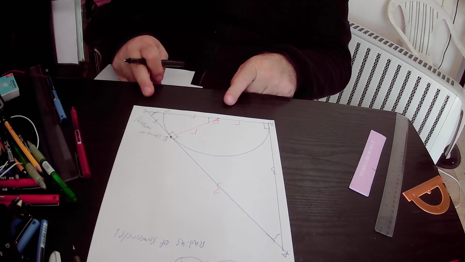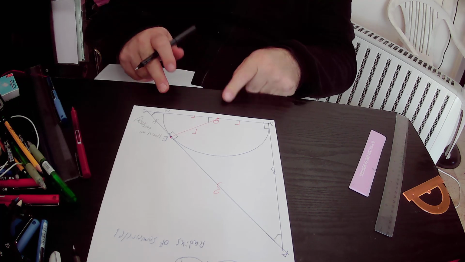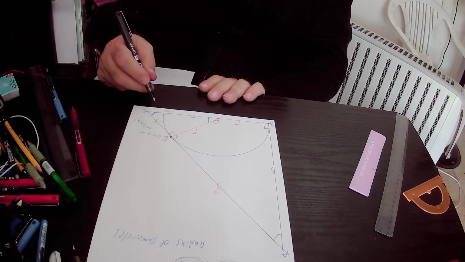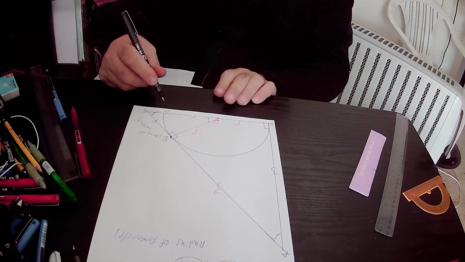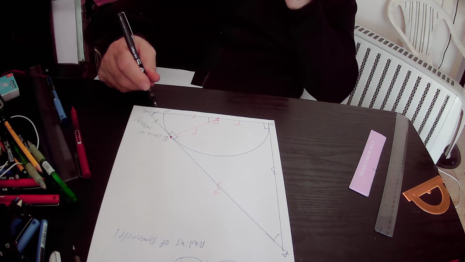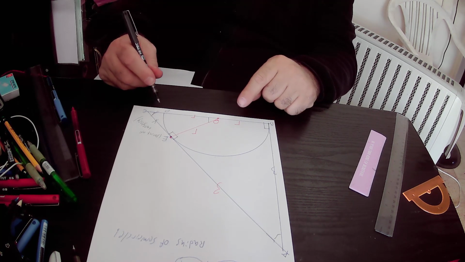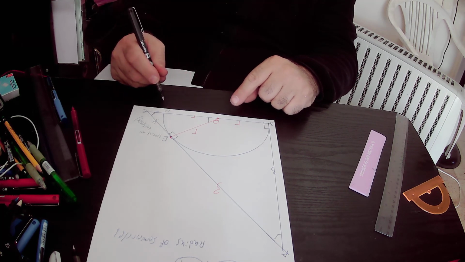OC is the hypotenuse of triangle OEC, and OC equals R plus 1. It is given in the question that DC equals 1. Because OC is OD plus DC. OD is R and DC is 1.